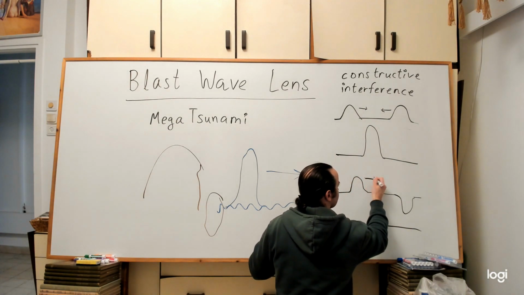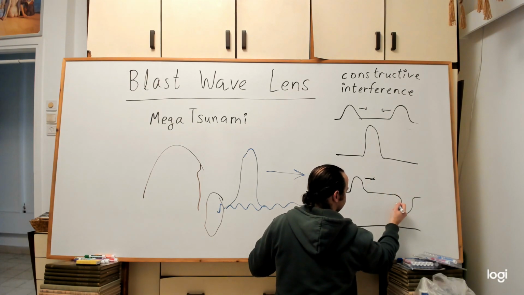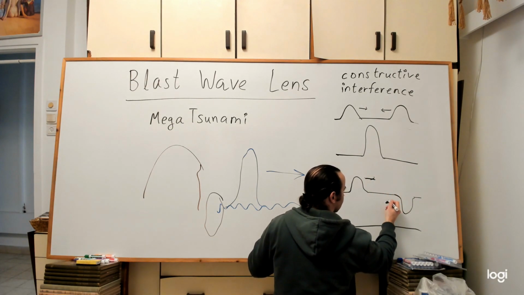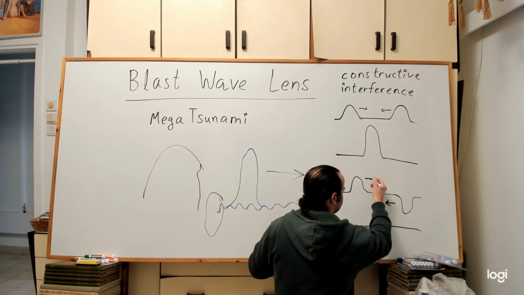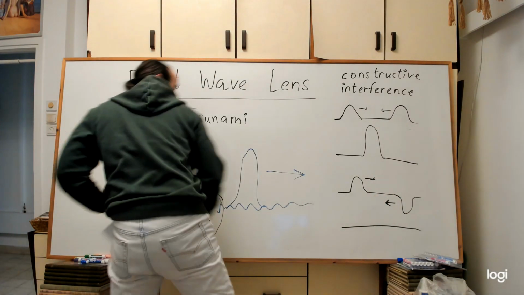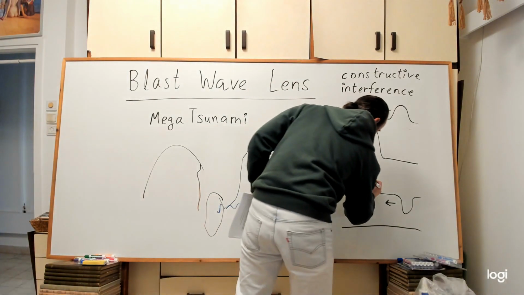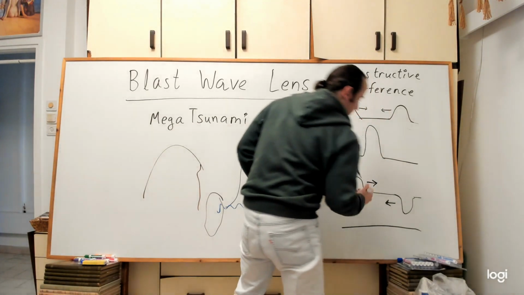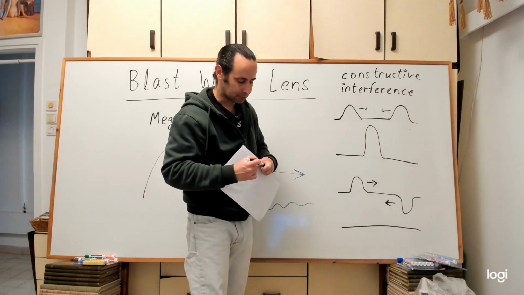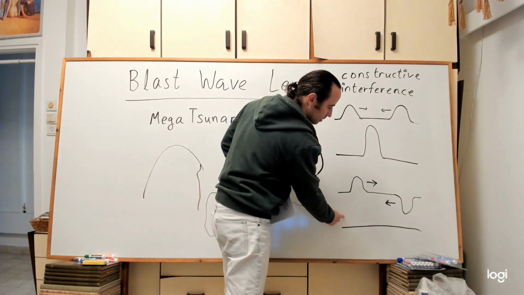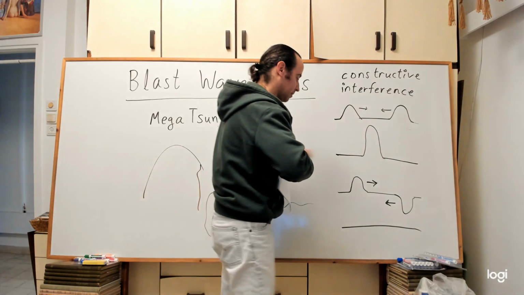This goes here and this goes here. When they meet, they cancel each other out. So this is a destructive interference.